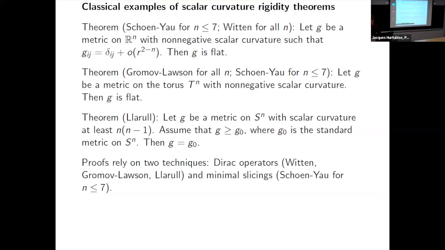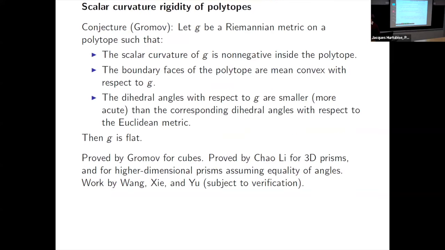Now today I want to address a variant of these problems, which is concerned with the rigidity of polytopes. This is a problem that Gromov posed some years ago. He assumed that you have a metric on a polytope.